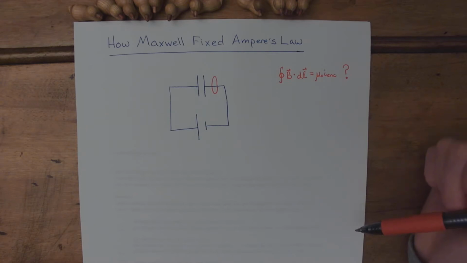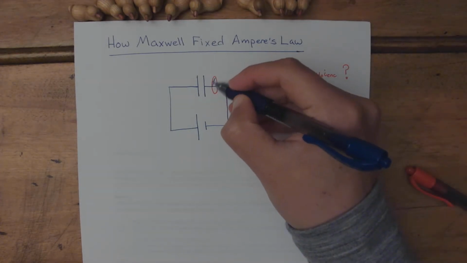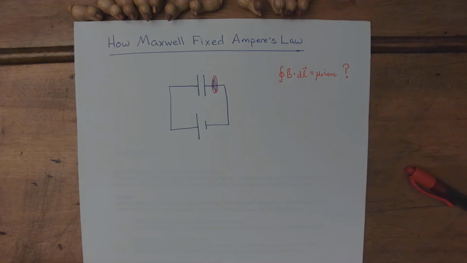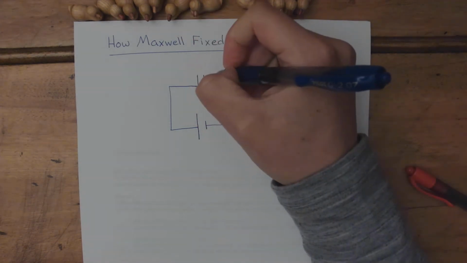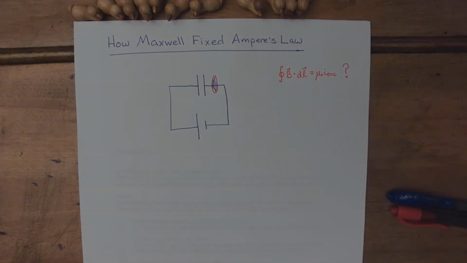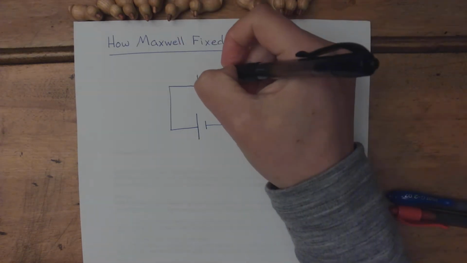However, we have always assumed that the surface of the Amperian loop would be drawn like this. But it does not have to be drawn like that. Instead, we could draw the surface like this.